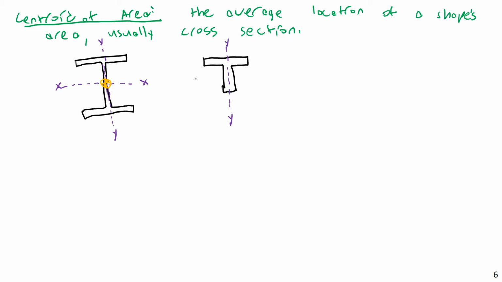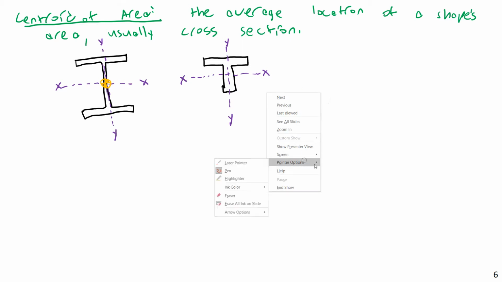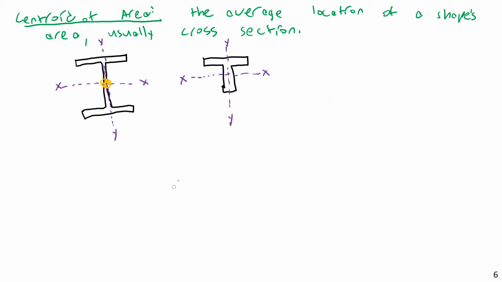Let's say the centroid of area was here, and maybe I define that as my x axis. My centroid would be at the 0 point of my x-axis, but not at the 0 coordinate of my y-axis. It's going to be shifted.